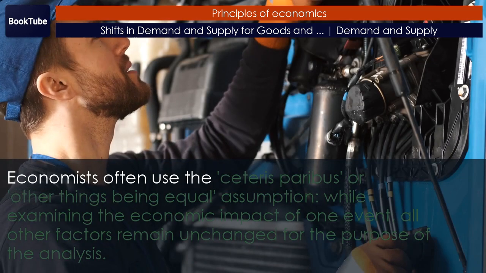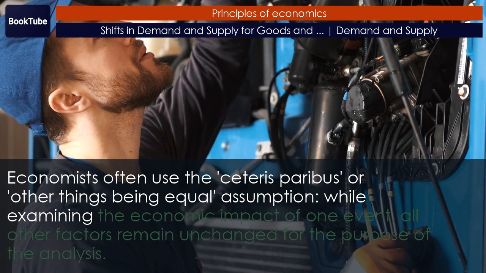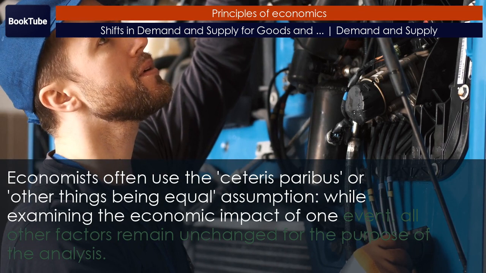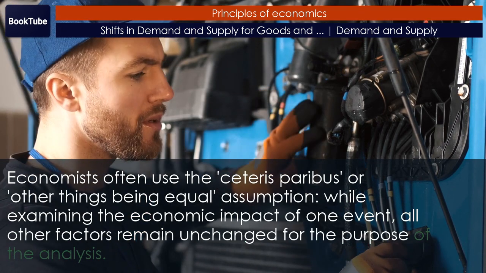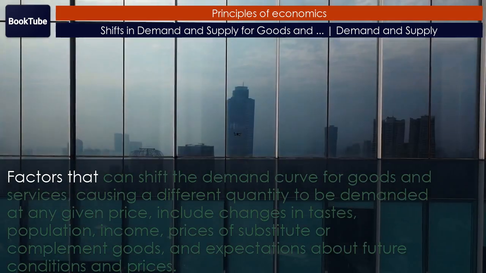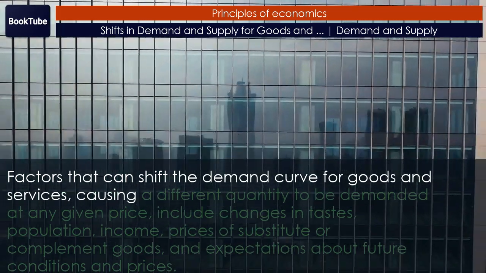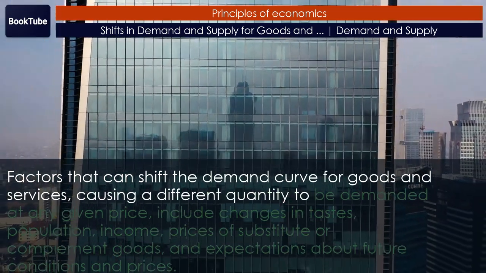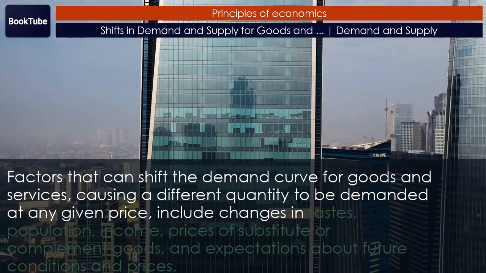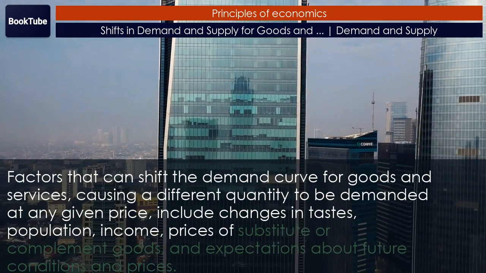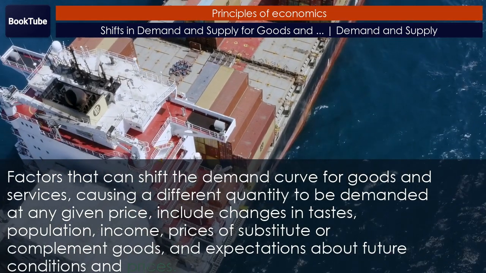Economists often use the Ceteris Paribus, or other things being equal, assumption. While examining the economic impact of one event, all other factors remain unchanged for the purpose of the analysis. Factors that can shift the demand curve for goods and services, causing a different quantity to be demanded at any given price, include changes in tastes, population, income, prices of substitute or complement goods, and expectations about future conditions and prices.